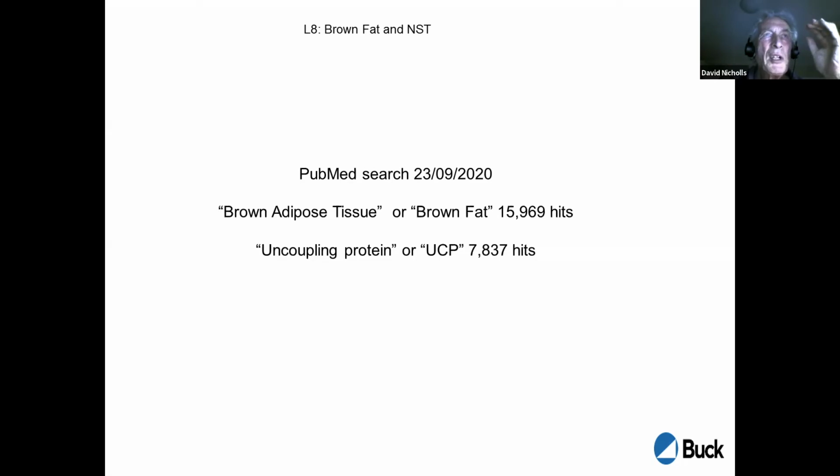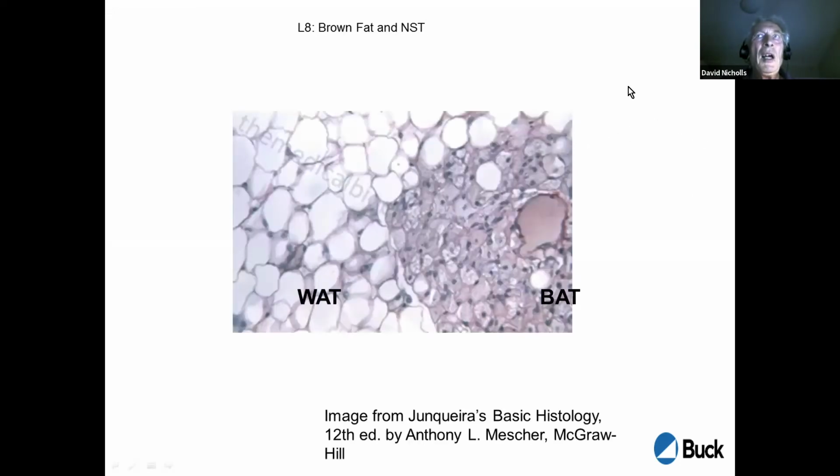And what I thought I would do is to go through the logistical steps by which we arrived at the uncoupling protein and how it was actually regulated. And for those of you who are not familiar with brown adipose tissue, here is a slide of the normal white adipose tissue adjacent to brown adipose tissue.